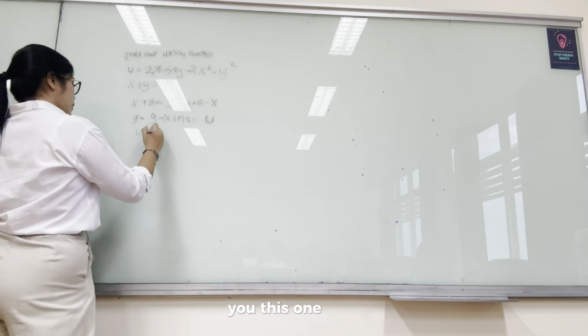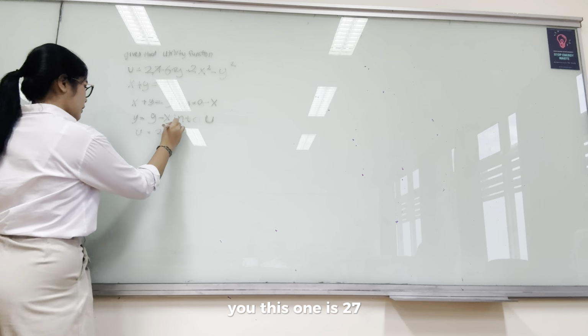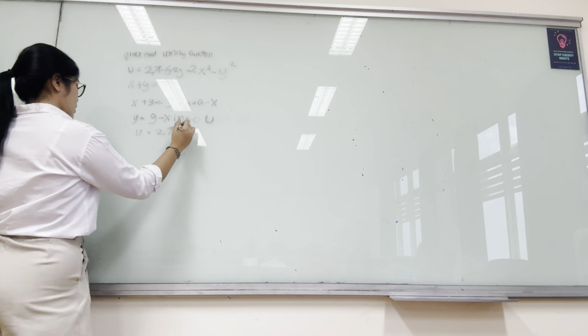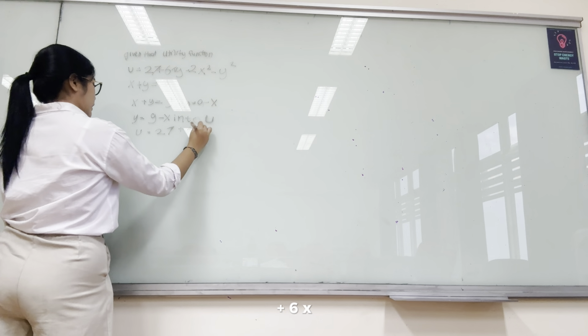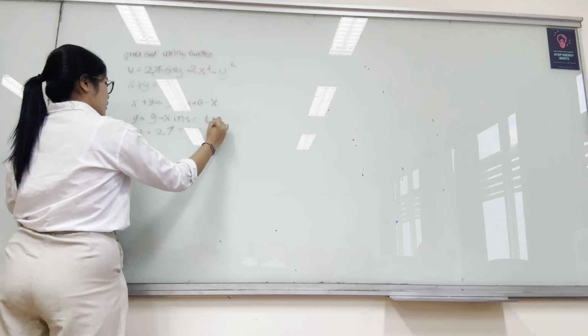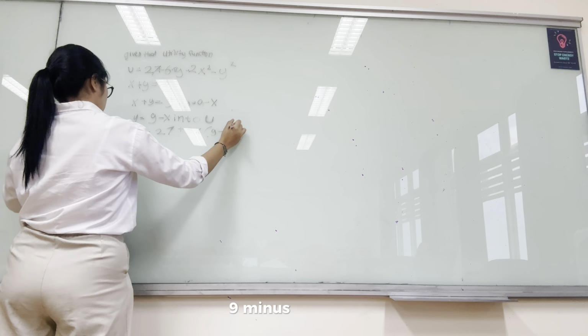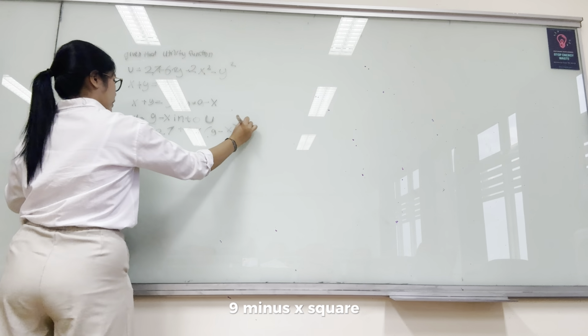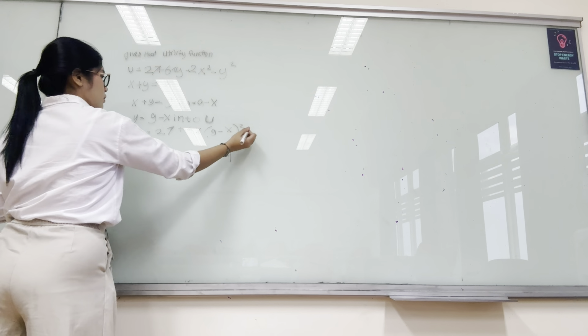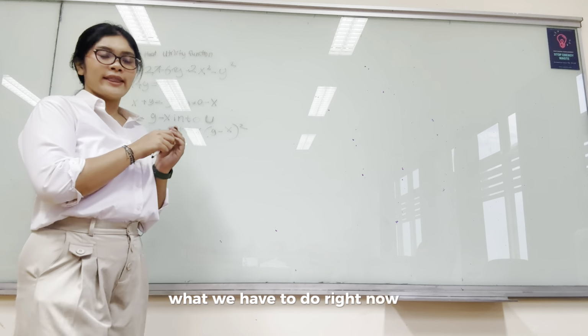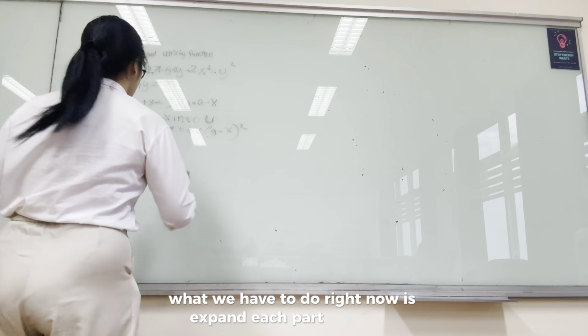U, this one is 27 plus 6x times 9 minus x, minus y squared. What we have to do right now is expand each part.